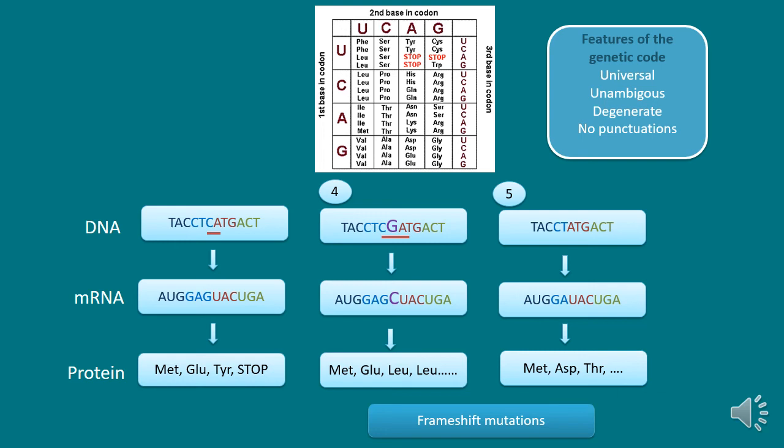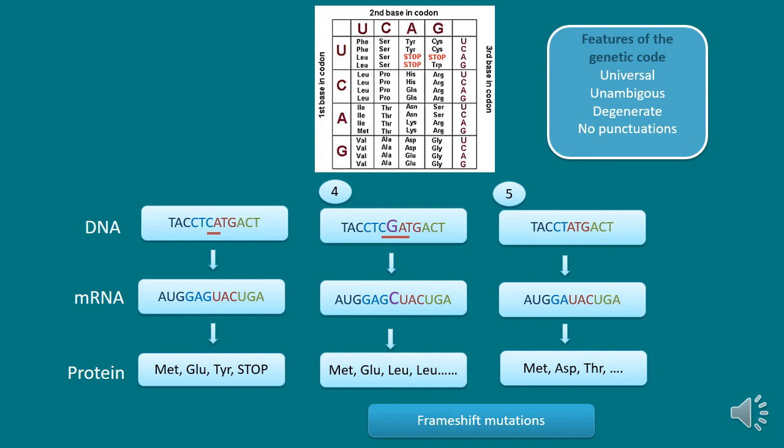In the normal gene, there is a cytosine molecule before the adenine molecule. But in the mutated gene, this cytosine molecule is deleted. As in the case of insertions, this kind of mutation also will alter the reading frame of the mRNA molecule from the point of deletion.